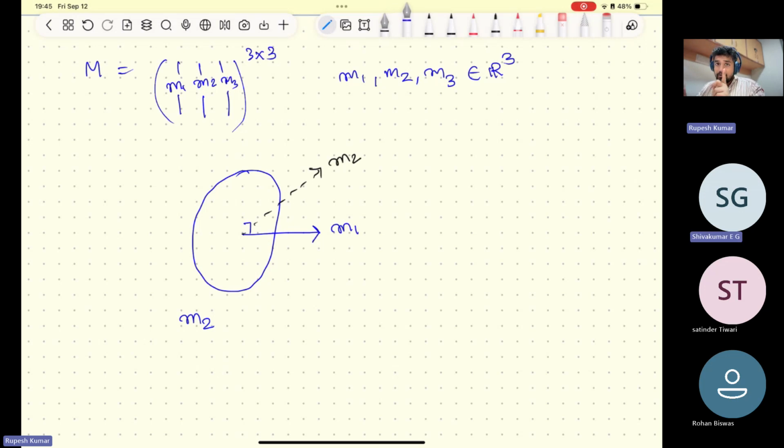Now, can you say that M2 can be written as some alpha times M1 plus beta times some vector v, where v is in the plane for which M1 is along the normal?